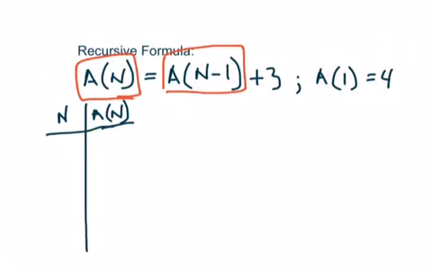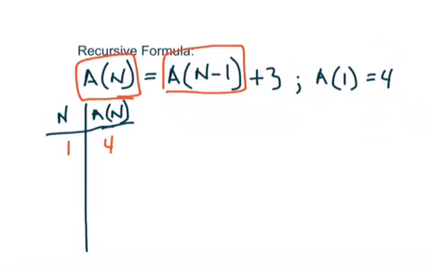So what that means is that in our table we have n and a of n, and we can fill in 1 for n, that's from this one right here, and 4 for a of n.